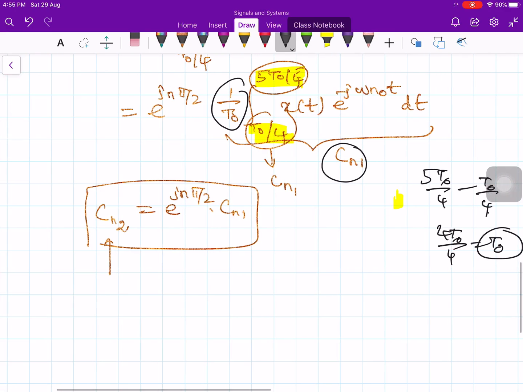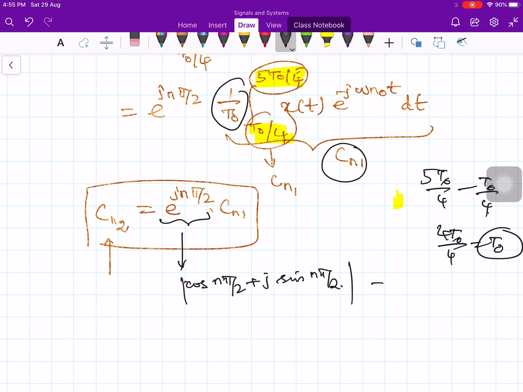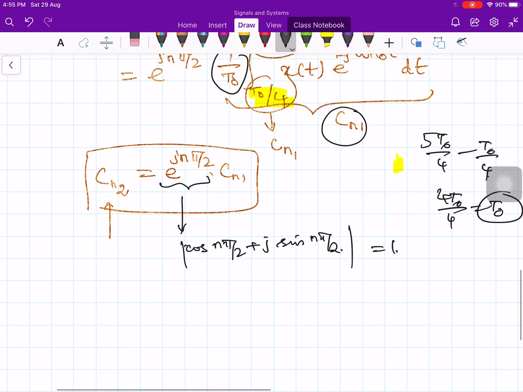Now if you look at this, I can write cos of n pi by 2 plus j times sin n pi by 2, and its magnitude is equal to 1. Its angle of course depends on the value of n. Okay, if you take the magnitude of that, there will not be any change.